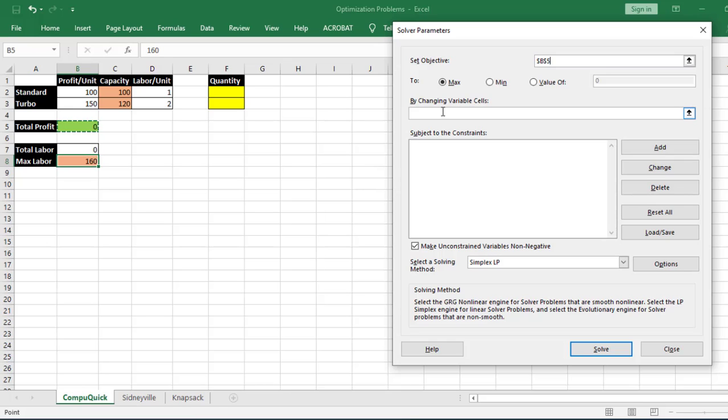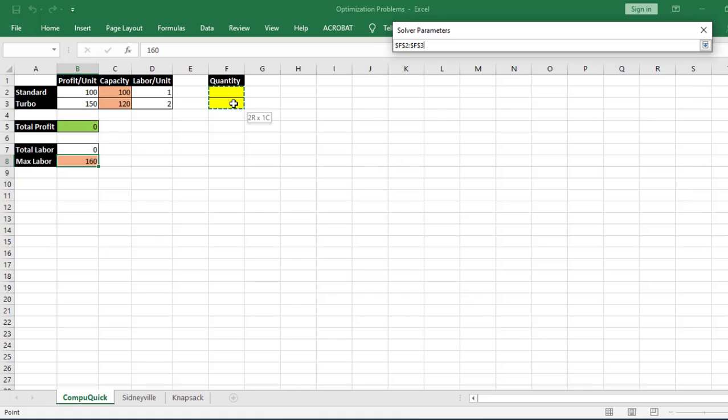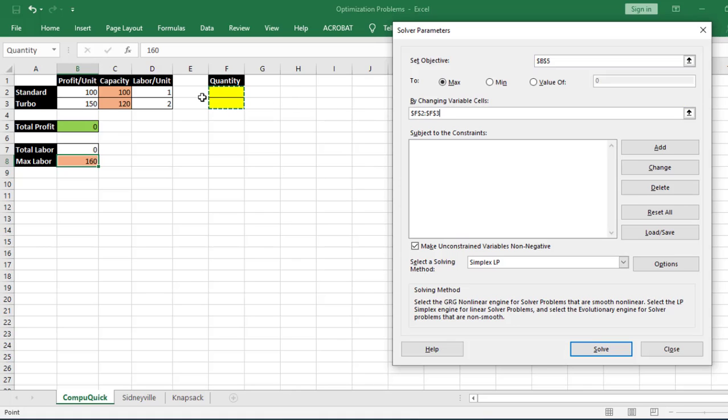Or in other words, what are your decision variables that you need to change in order to have maximum profit? In fact, these are my decision variables, x1 and x2. So what I did is to drag this cell here, from cell F2 to cell F3. Even if I have 10 cells here, 10 decision variables, I can drag my mouse here and then I can indicate them in my variable cells.